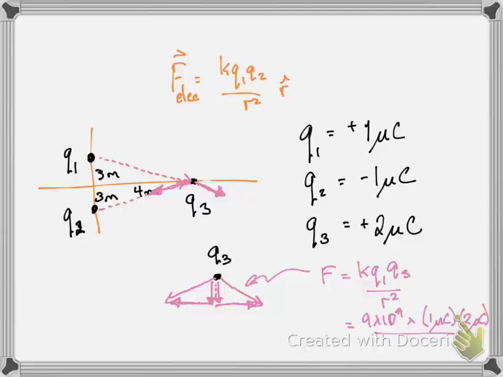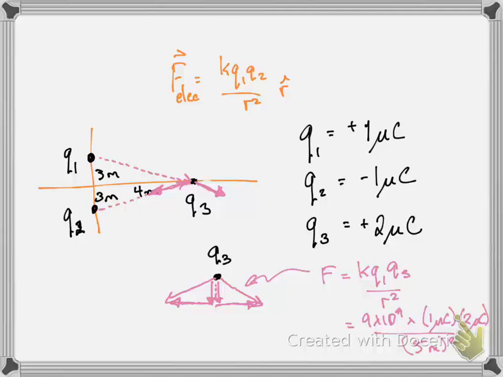Do the geometry, right? That 4 meters was the distance along the x-axis, 3 meters was the distance along the y-axis. So the hypotenuse is actually 5 meters. I chose a 3, 4, 5 triangle. So we've got 5 meters squared.